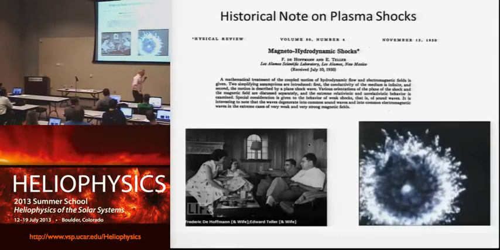The little abstract there is one of the first and really one of the important papers that still gets cited nowadays about MHD shocks, by de Hoffmann and of course Edward Teller, the father of the atom bomb. And there are some shock physicists relaxing with their husbands.